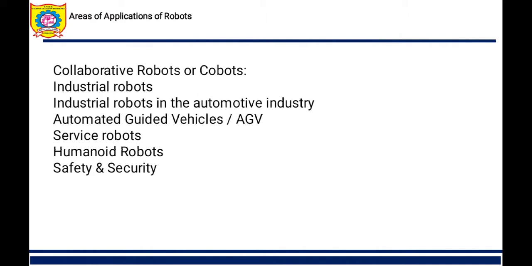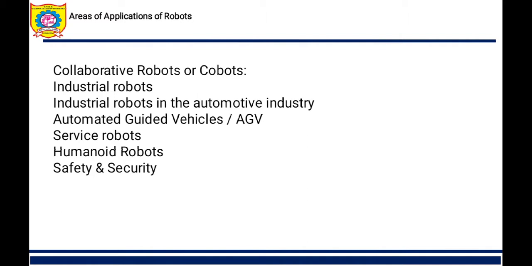Secondly, we have industrial robots. What is the difference between cobots and industrial robots? The cobots are small, compact, smaller and flexible. Industrial robots are large. Both are used in industry only. Industrial robots are nothing but programmable machines, right? They can be used to handle and assemble workpieces in an industrial environment. You can see the robotic arm and gripper which we've seen previously.